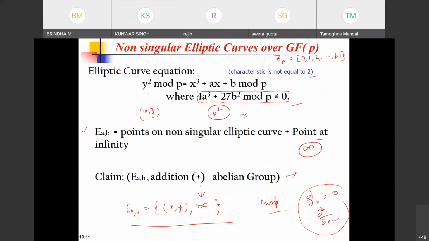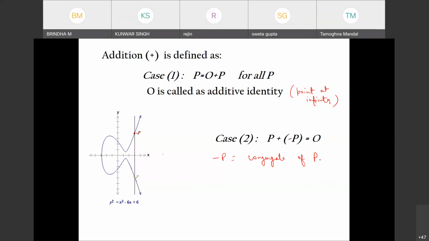Whatever is above the x-axis, the same will be below the x-axis. This is y squared, and this side is x. So y equal to positive y and negative y will be the same. It will be symmetric about the x-axis. Whatever is in the above half, the same will be in the lower half. So the conjugate point of P will be minus P.